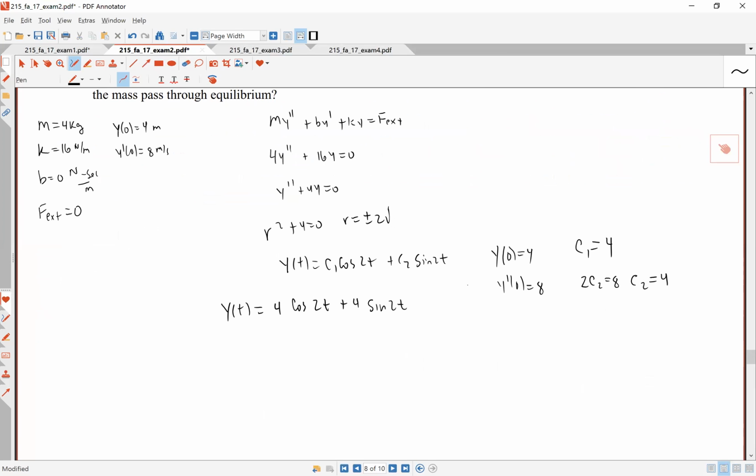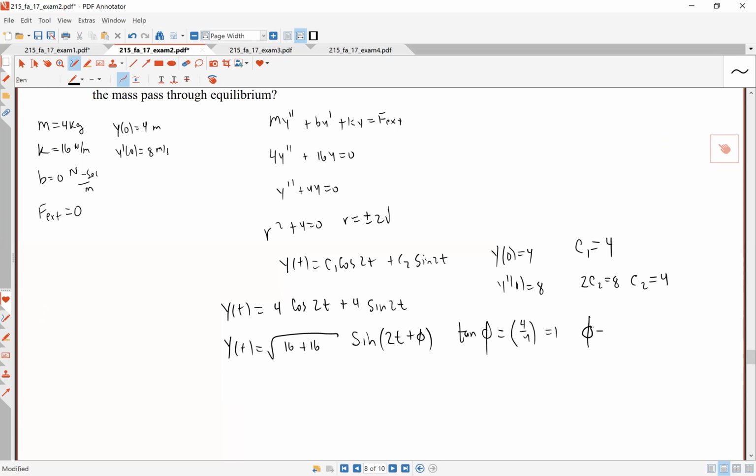So now writing this in the specified form, a sine omega t plus phi, we get y of t is the square root of the sum of those squares times sine of the same omega, and where tan phi is 4 over 4, which is 1.